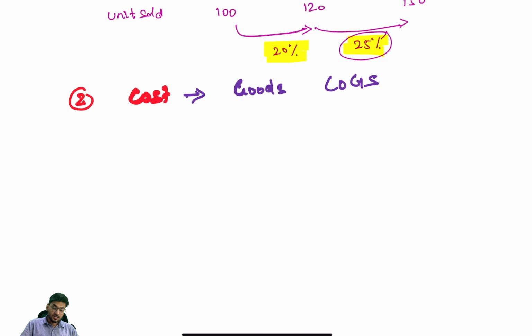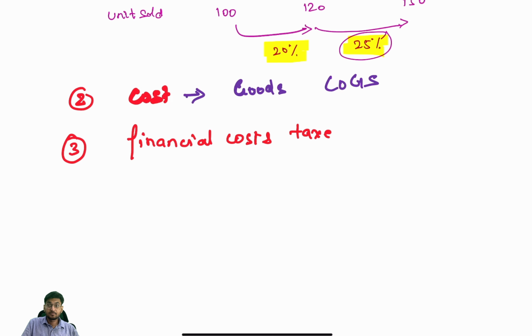After doing this, third, which we are going to forecast, is the financial cost and taxes, because they are going to impact your balance sheet as well as the cash flow statements.